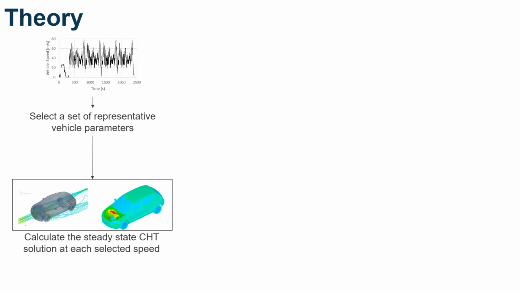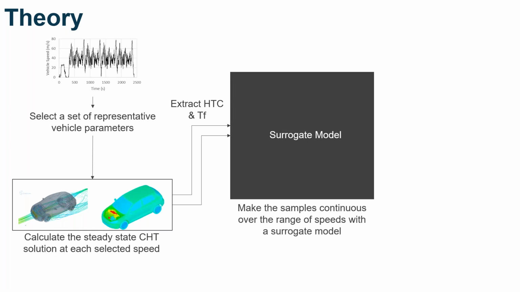We then use all that information to calculate a series of steady-state conjugate heat transfer solutions at each selected speed or at each selected vehicle parameter set. Then we extract out the heat transfer coefficients and fluid temperatures, which are now at these discrete points for each sampled location, and use something called a surrogate model to make those discrete points continuous.